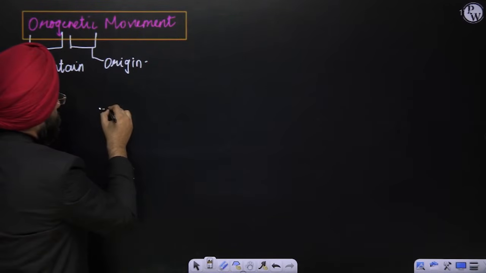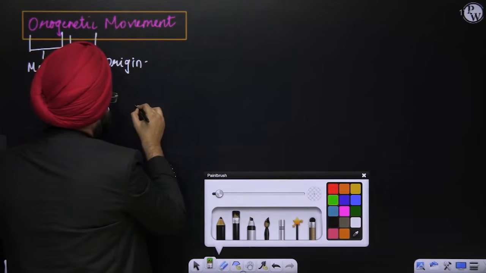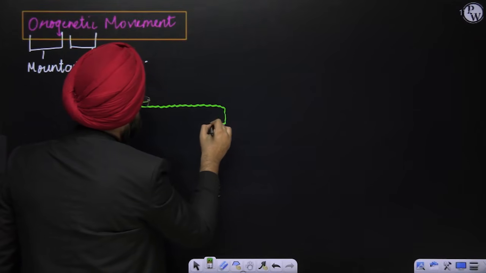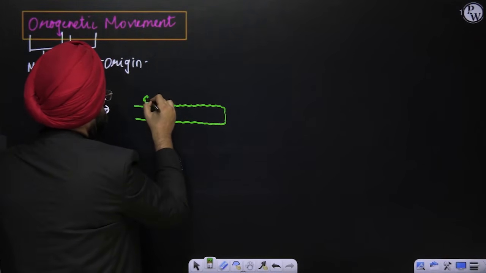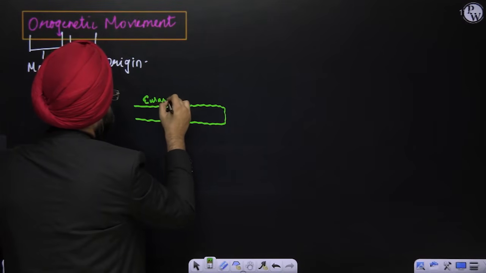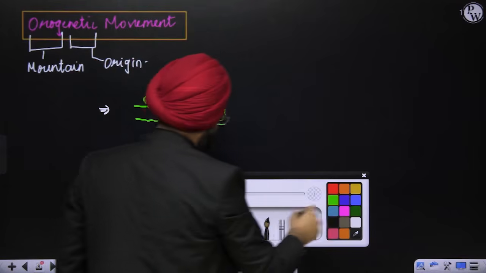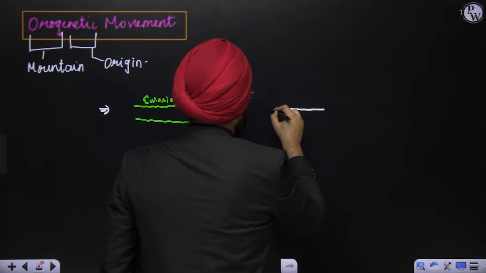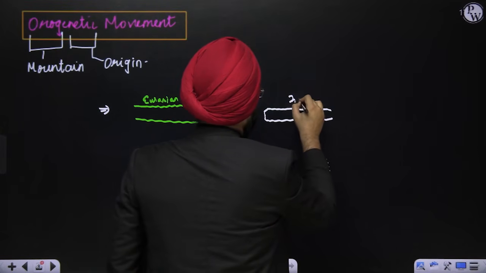Let's see, this is the Eurasian plate. This is the Indian plate.